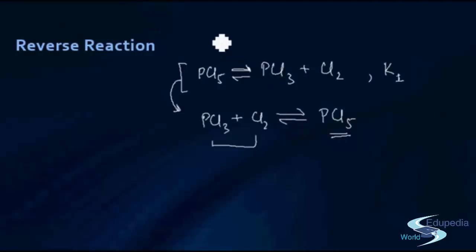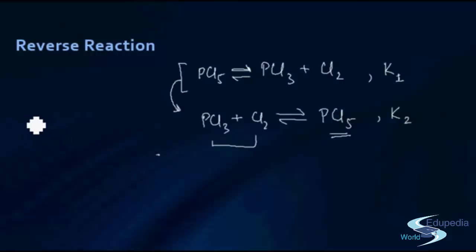That is what happens if I write left hand side constituents on the right hand side and the right hand side constituents on the left hand side. If this is my new K equilibrium K2, can I say that K2 has some relation with K1? Let's find that out. Whenever the algebraic operation involves reversing of a chemical reaction, the equilibrium constant of the new reaction is the reciprocal of the original equilibrium constant.